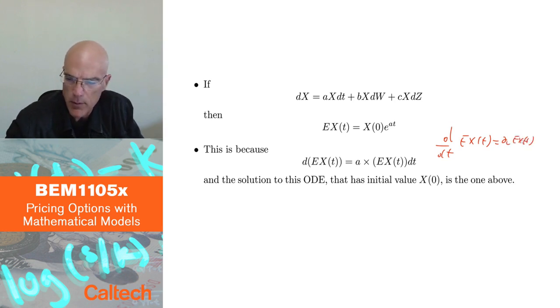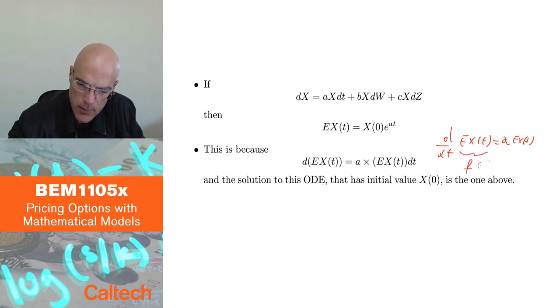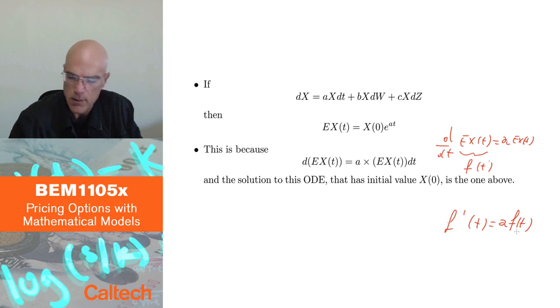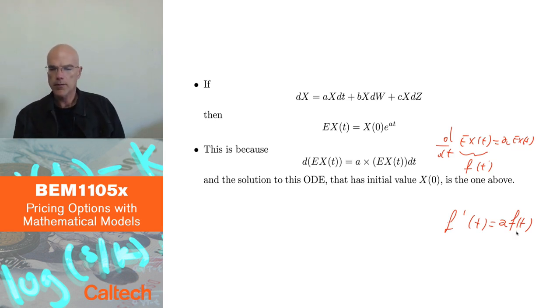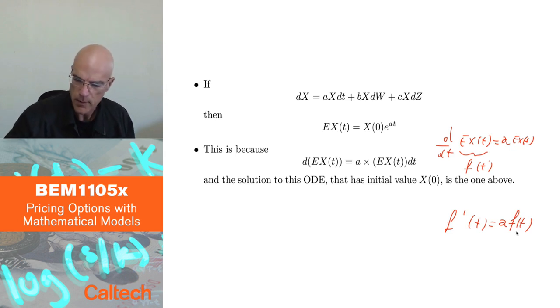No dt anymore. So just think of E of x of t as some function f of t. This just says that f prime of t is equal to a times f of t. But that's the simplest possible ordinary differential equation, for which we know that the solution is in fact the exponential of at. And then you have to account for the initial condition.